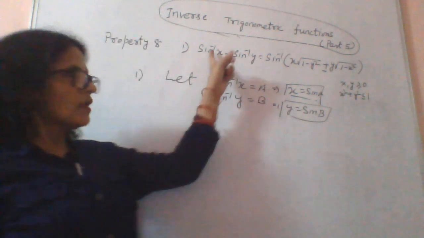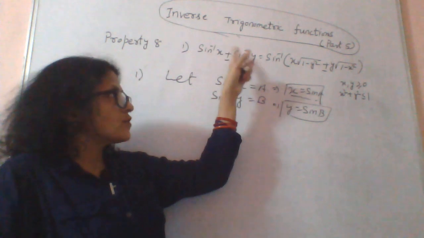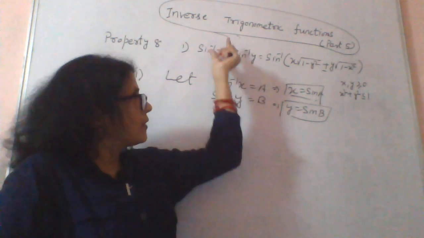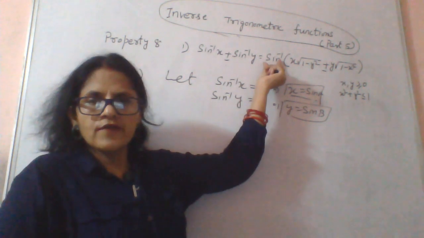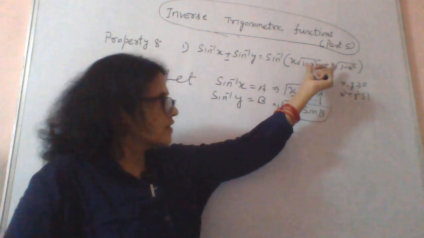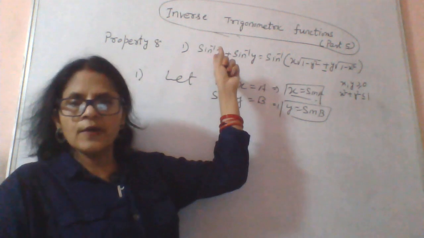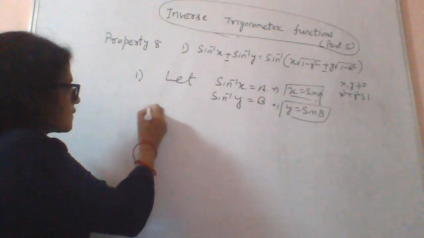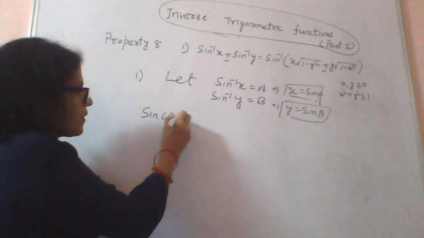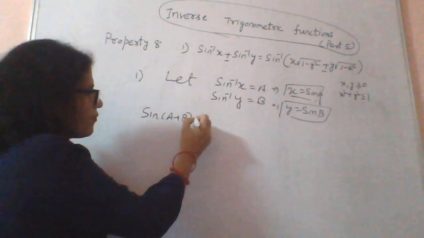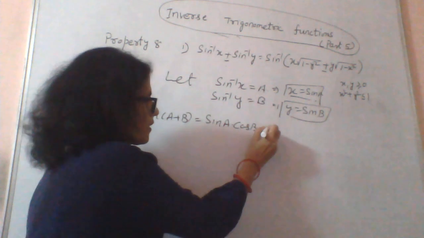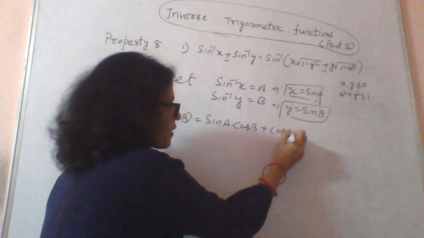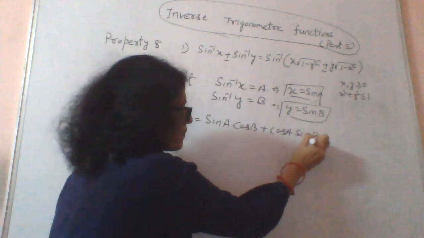So going back here, sin inverse x plus sin inverse y means a plus b equal to sin inverse of something. This something will be sin of a plus b. So we consider sin a plus b, that is equal to sin a into cos b plus cos a into sin b.